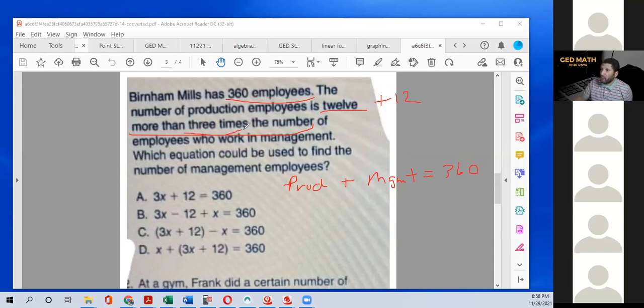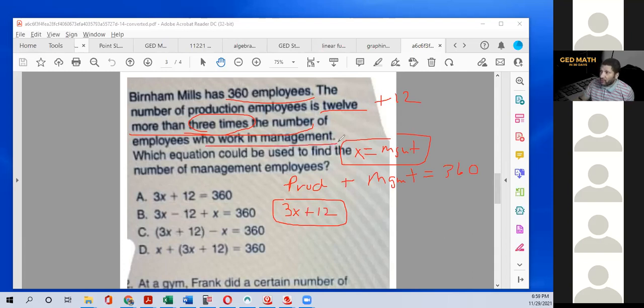What is 3 times? Multiplication. So 3 times X, 3 times the number of employees, plus 12. This is only the production part. But X is the management, the unknown. So we got 3X plus 12, because it's 3 times the number of employees who work in management.